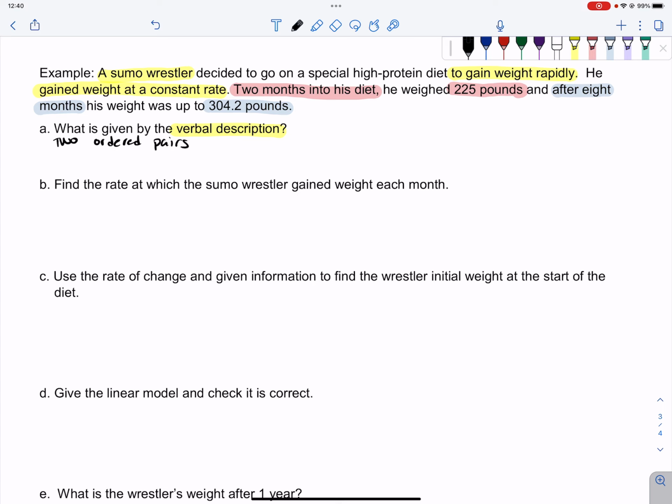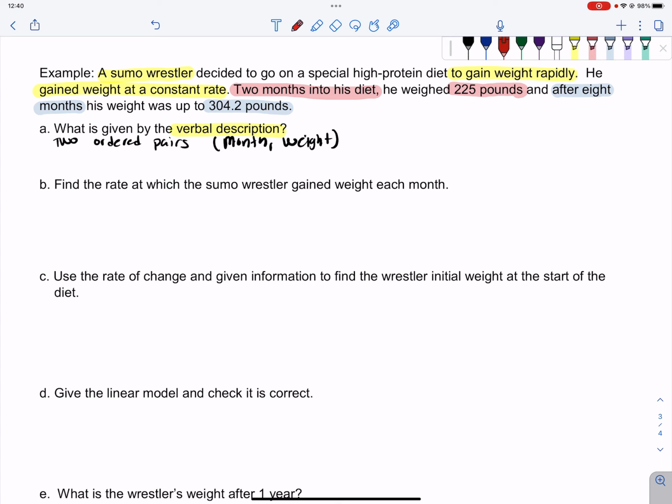That's just going on in time, versus the weight, which depends on how many months have gone by. So our ordered pairs are going to be month, comma, weight, because they're always X, comma, Y. And we are having X be months and weight be Y.